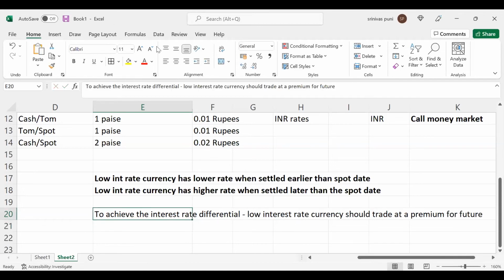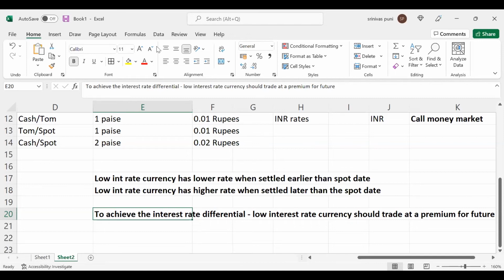What does it mean? It means, in this example, dollar is a low interest rate currency. To prevent any arbitrage in the market, you need to have the low interest currency trading or quoting at a higher rate or at a premium, as the market calls it. The currency is quoting at a premium to the current spot rate.